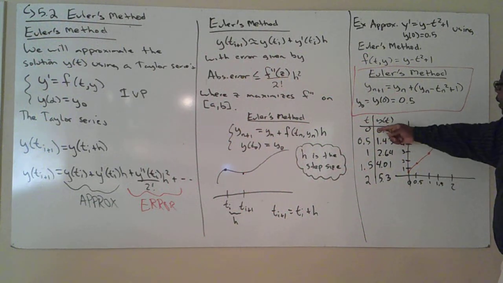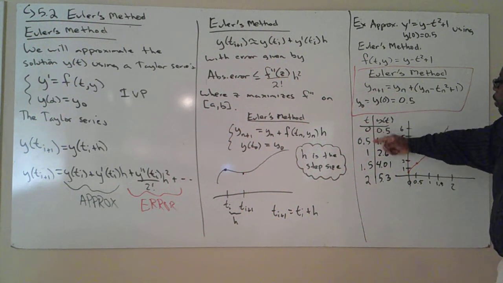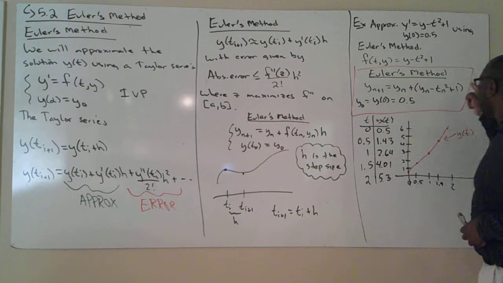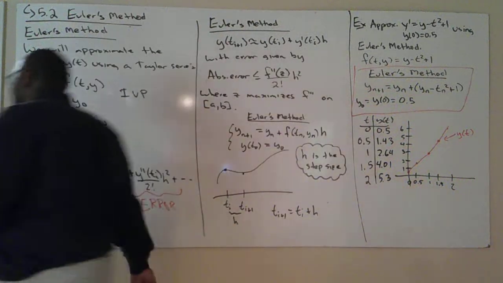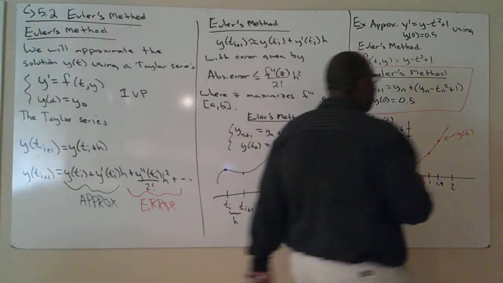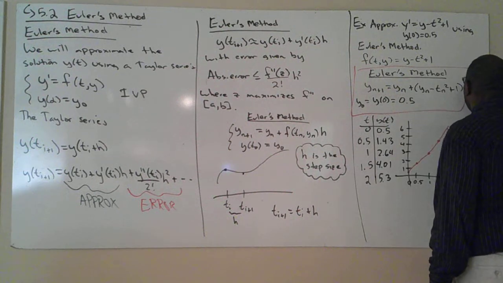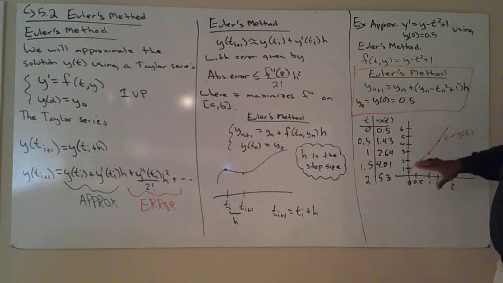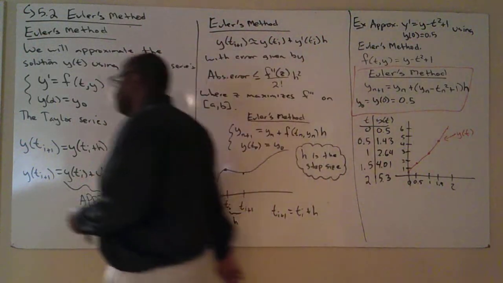Well, if you notice that these t values are 0.5 apart, so I need to let my h be, oh, I forgot, where's my h? You forgot your h. I need to multiply this thing by h. There we go. Now, if I want to compare these two guys, I need to use h of 0.5. So let's do that here.